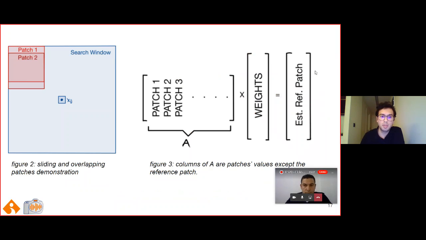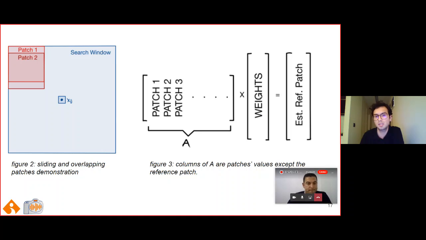Then we apply sliding and overlapping patch extraction inside the search window. We collect them into a matrix, and each column of the A matrix represents one patch; we convert them into column vectors. In the first version, we use all patches inside the search window except the reference patch. Then we calculate the locally linear embedding weights.